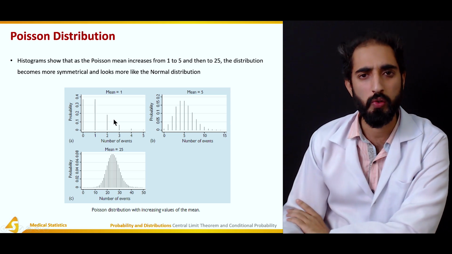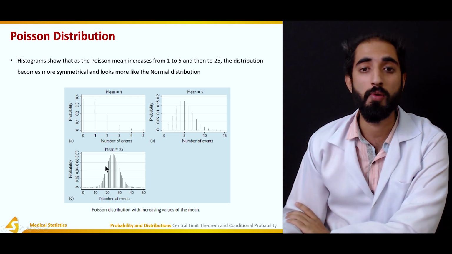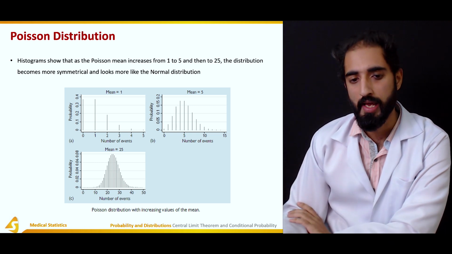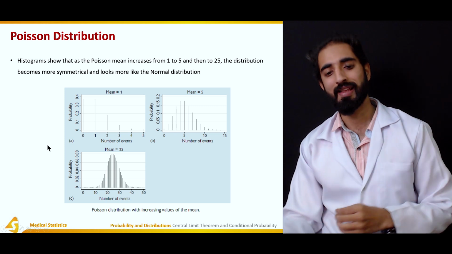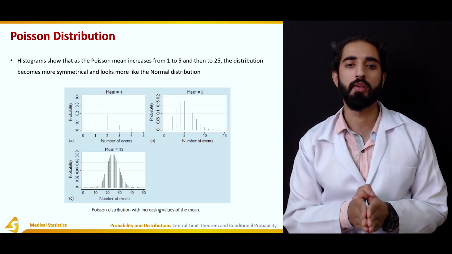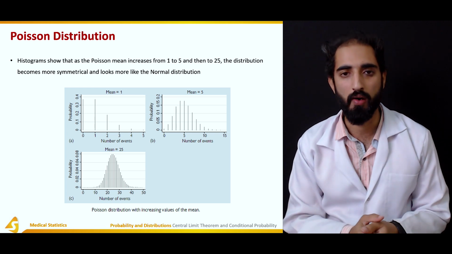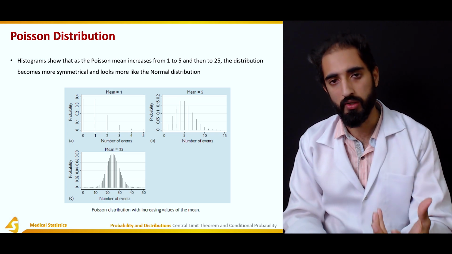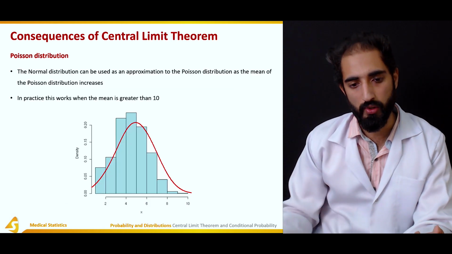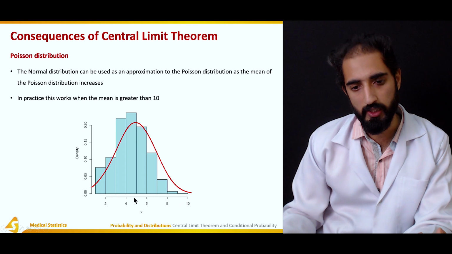This somewhat starts to look like it, and this pretty much looks like a standard normal distribution, because as we increase the mean, the Poisson distribution starts to look like a normal distribution, and that's what is the consequence of the central limit theorem. As you can see, here we have these bins.